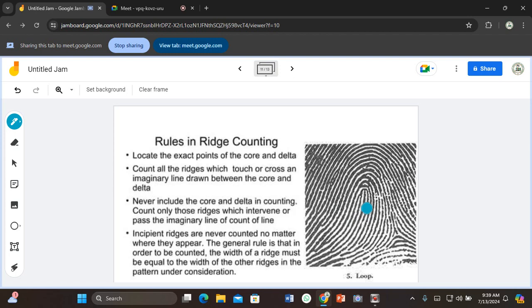Now, last before I move to the next one, the incipient ridges. If you look at the ridges very well, there are some ridges that are so faint. Those faint ridges are formed perhaps because a ridge breaks away, or the ink was not properly applied, or because of the mark of a scar from an injury on the hand of the suspect.